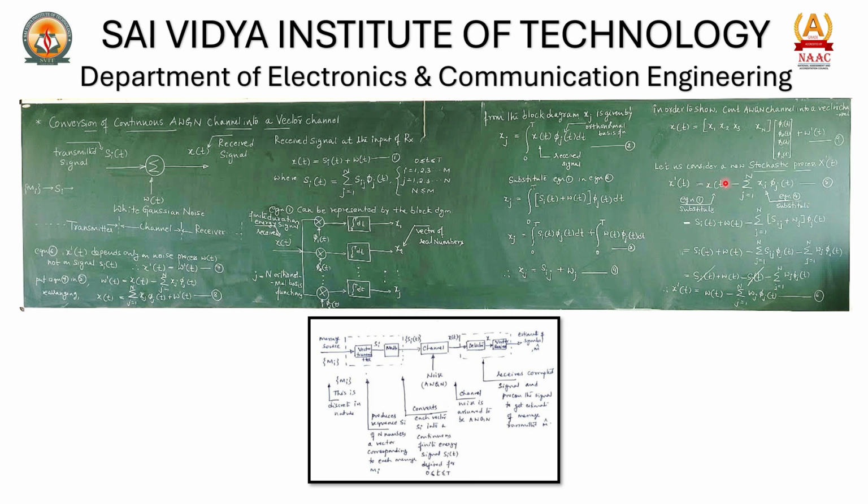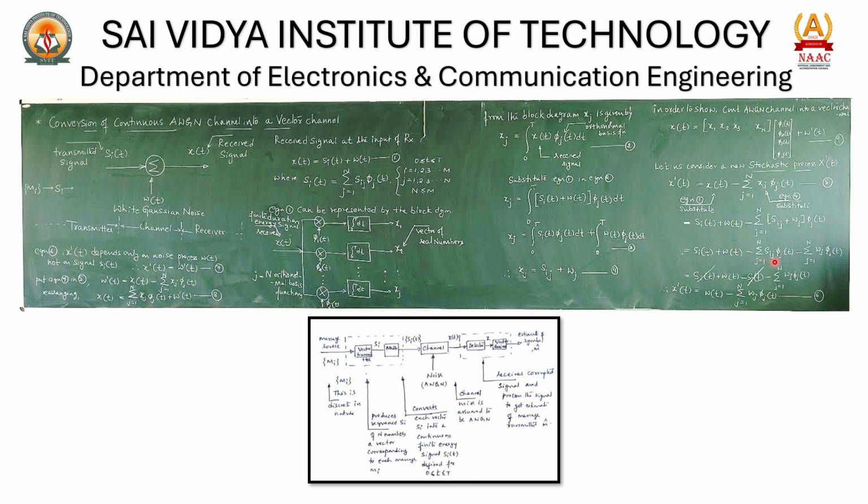What is x of t? X of t is nothing but the transmitted signal and the noise. What is xj? That is nothing but the vector that we have obtained here, the sum of the transmitted vector and noise. Substitute here and simplify: Si of t plus W of t minus the summation j equal to 1 to n of Sij phi j of t minus the summation j equal to 1 to n of Wj phi j of t.